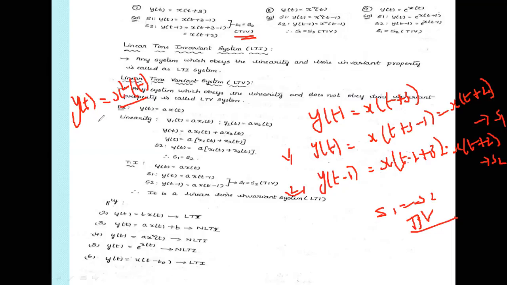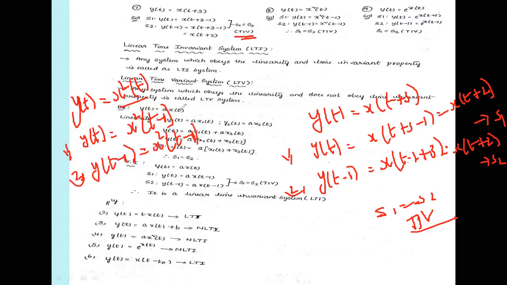But for time invariant and time variant, only t changes. In the first step, the input is only delayed, x square of t minus 1. In the second step, the entire system is delayed: y of t minus 1 is equal to x square of t minus 1, which means replacing t with t minus 1. Both functions are equal, so it is a time invariant system.